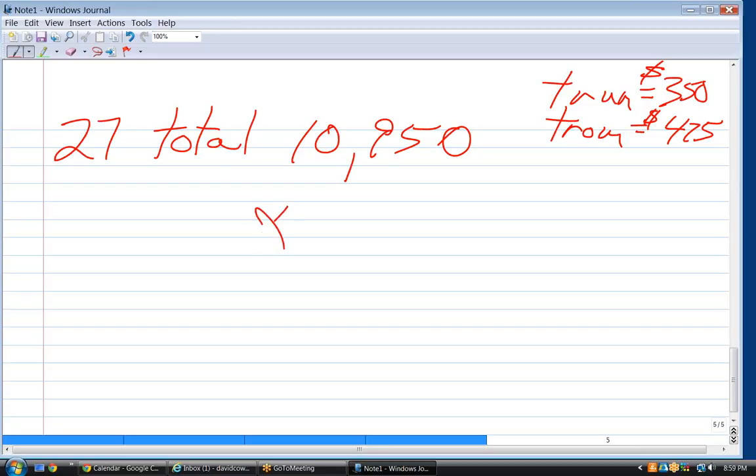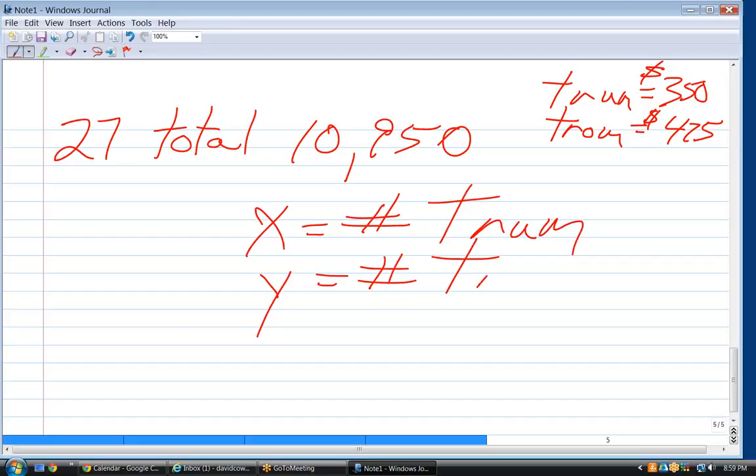If X is the number of trumpets and Y is the number of trombones, now I can write some equations. I need two equations, right? Because I have two variables, so I'm going to need two equations to be able to solve it. What's one equation?